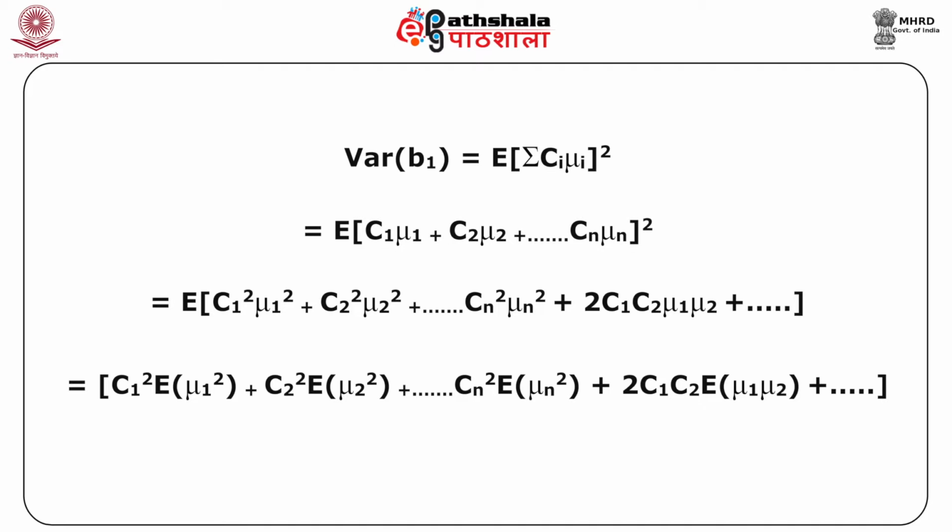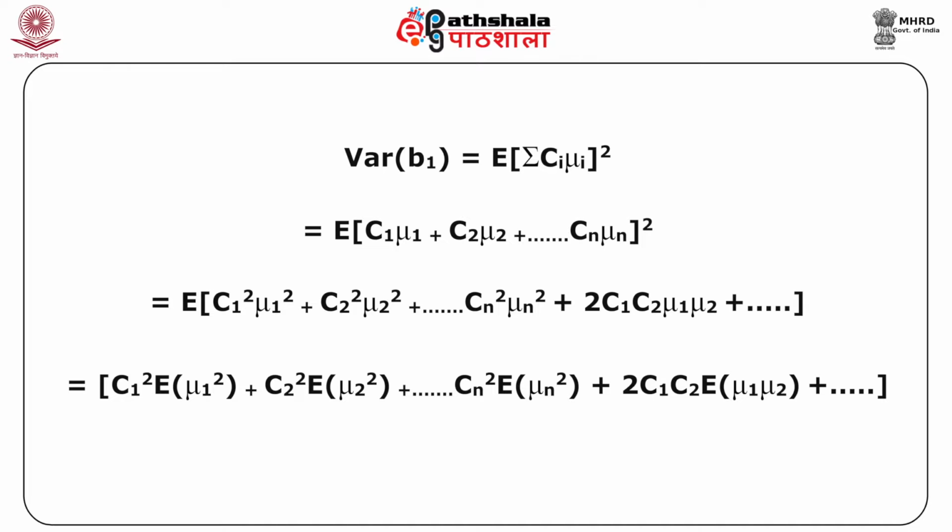to expectation c1 square mu1 square plus c2 square mu2 square plus c3 square mu3 square till cn square mu(n) square plus 2 c1 c2 mu1 mu2 and it goes on, which is equal to c1 square expectation mu1 square plus c2 square expectation mu2 square plus cn square expectation mu(n) square plus 2 c1 c2 expectation mu1 mu2.